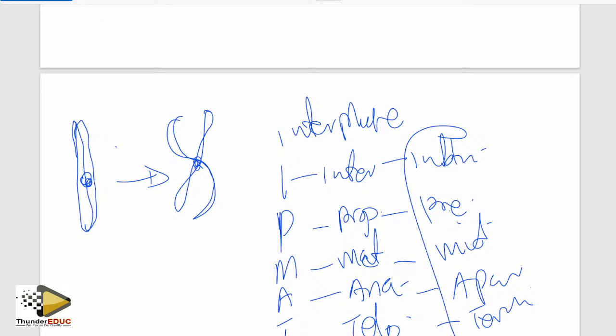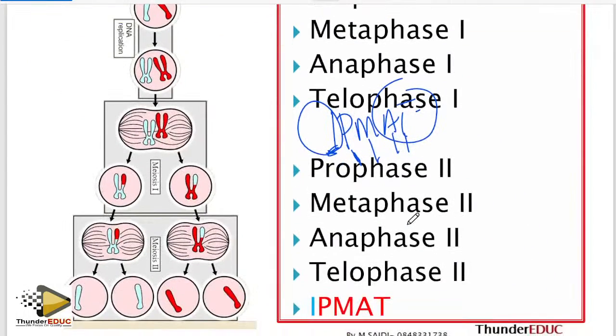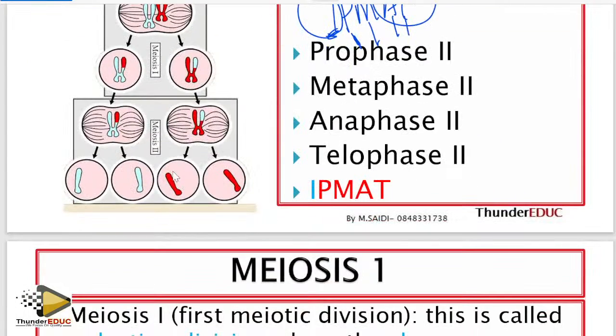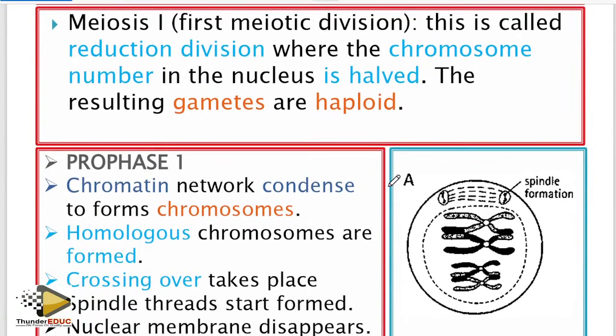So basically it still gives you IPMAT: interphase, in between, preparation, middle, apart, and terminal. So when you come back here, we shall see that these are the phases which we're going to look at. We said that interphase is not part of meiosis, so you need to know that. When you are going to do some questions, you'll be able to understand this better.